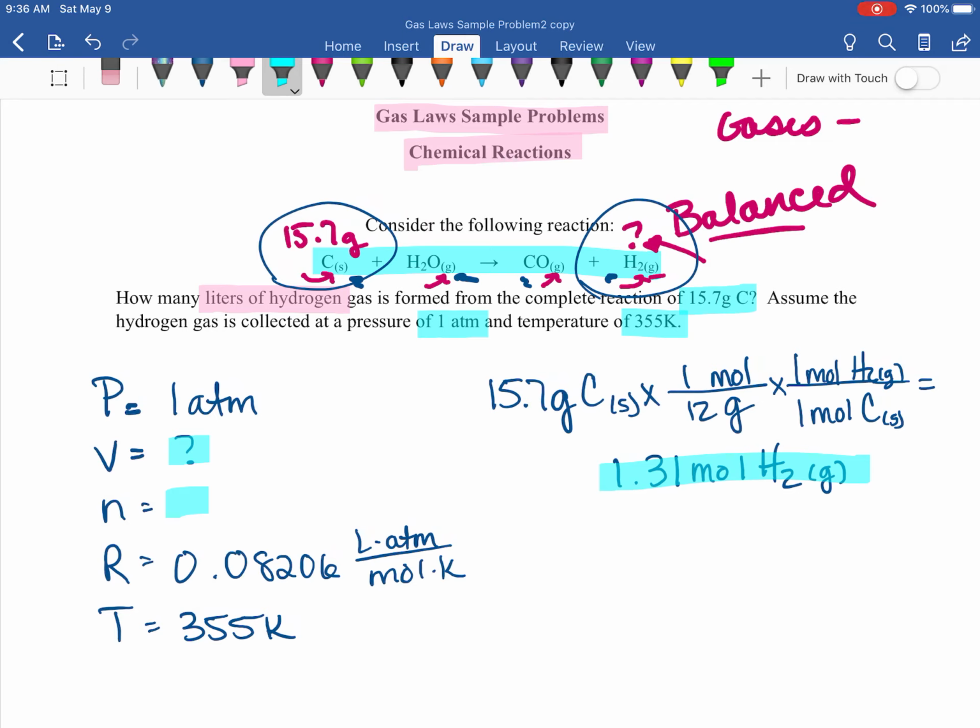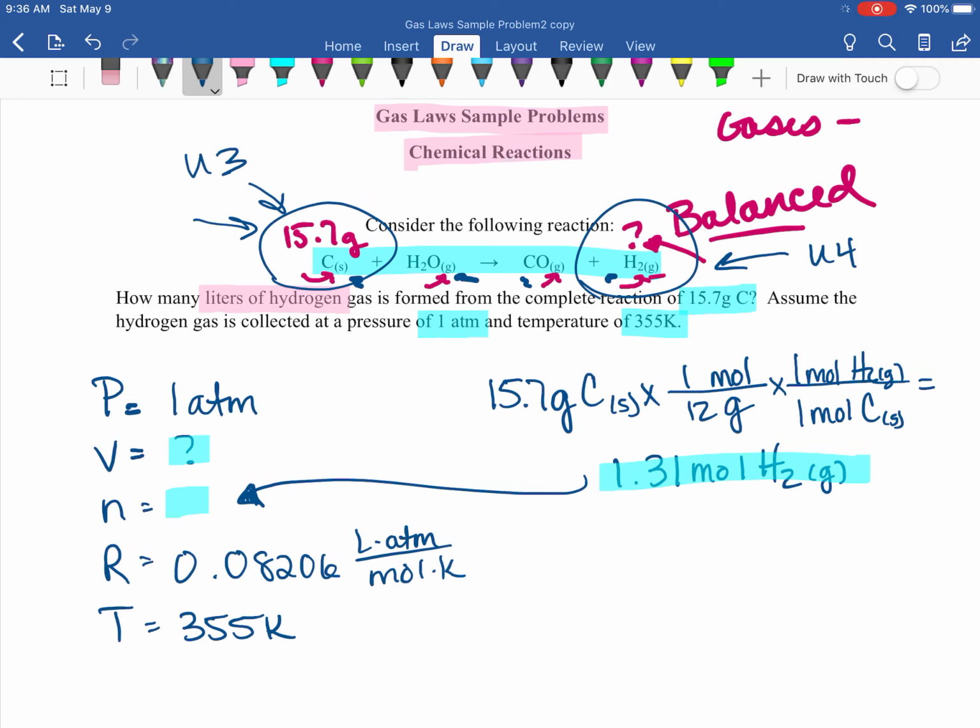Perfect. So all we did in this problem was recognize that in Unit 3, we dealt with solids and liquids, and we can combine that with the fact that one of our products is a gas.